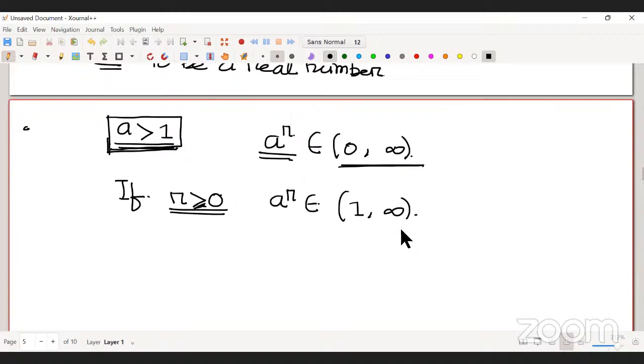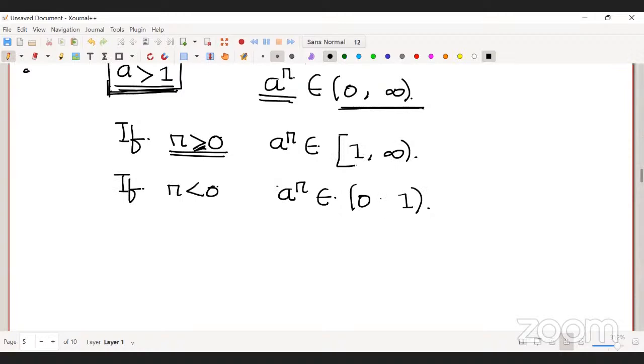So if a is greater than 1 and r is greater than or equal to 0, then a power r is always between 1 and infinity. And if r is less than 0, then a power r is always between 0 and 1.